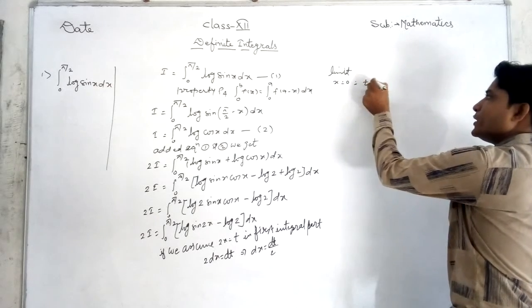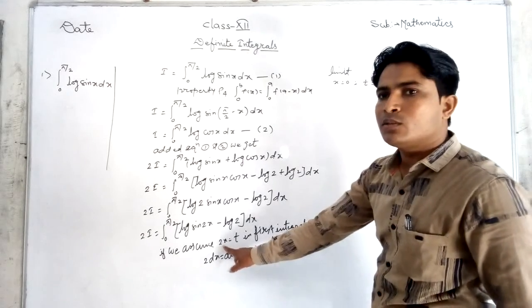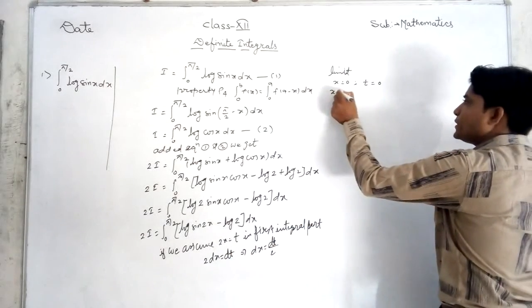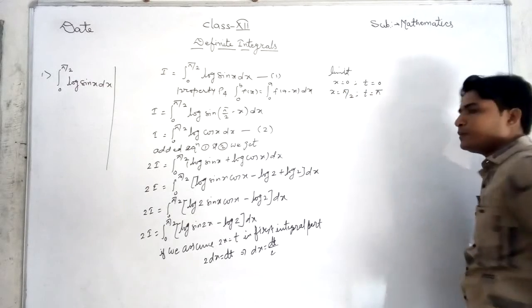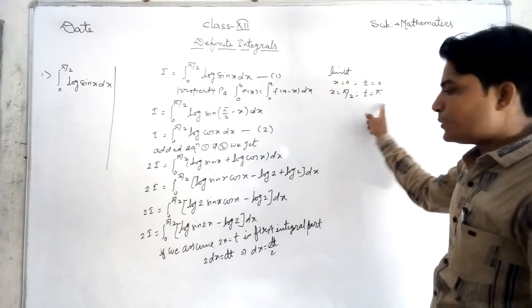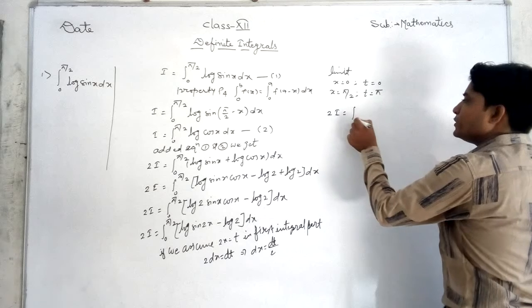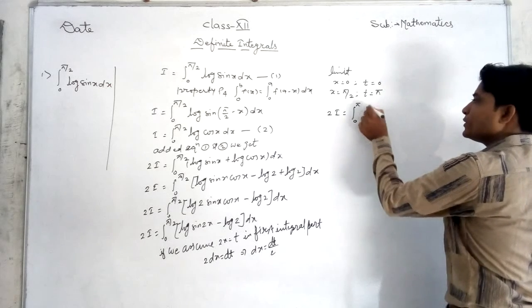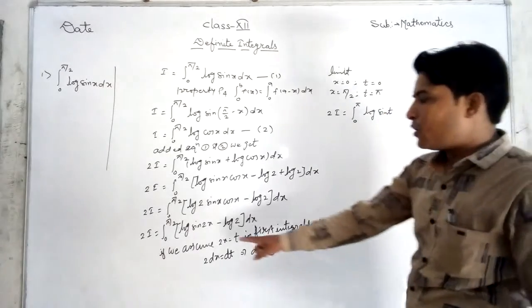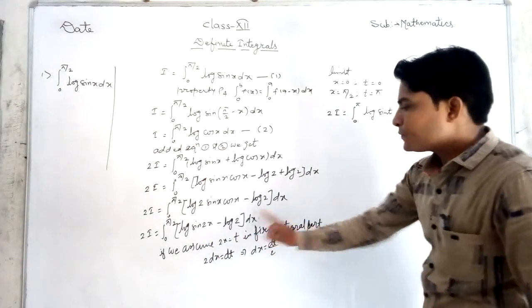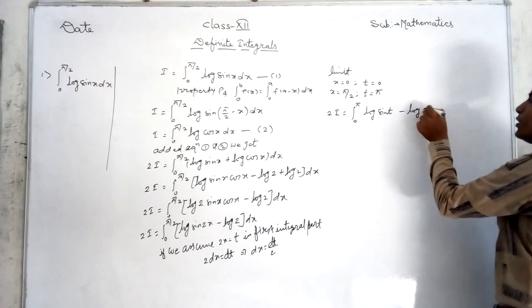So now our question becomes 2I equals the integral from 0 to pi of log sin t, and dx changes into dt by 2, so 1 by 2 comes ahead.